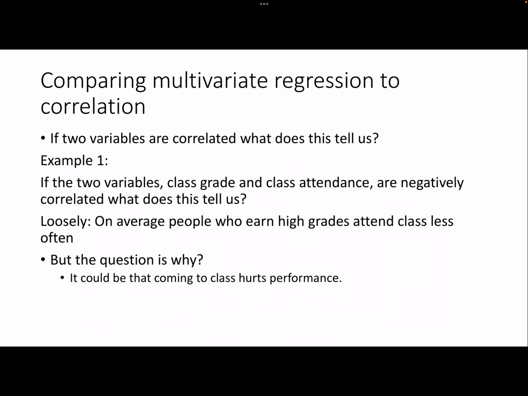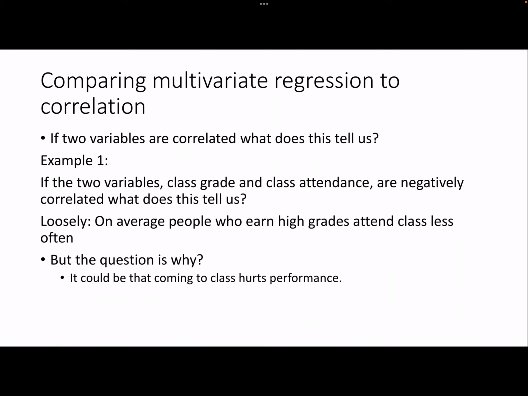So what I did was use multivariate regression to control for, not a perfect control, prior performance, ability, and motivation. We put in prior GPA as a control and ACT score. Prior GPA controls for prior performance, and you could think of ACT score as a control for ability, but also motivation and some other things.